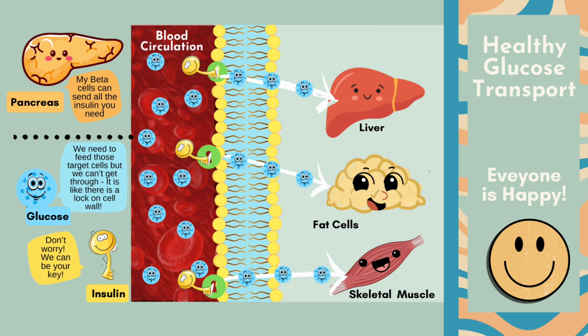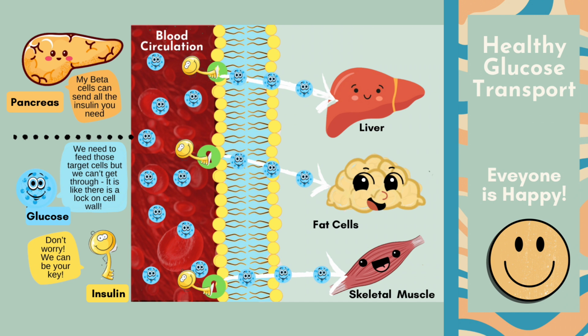If it doesn't get into the cells, you can see the liver, fat cells, skeletal muscle, basically all the cells of your body that are requiring energy. That glucose is what feeds them, right? So it comes directly out of your blood, but the glucose cannot get in unless it's got a key, which is insulin.